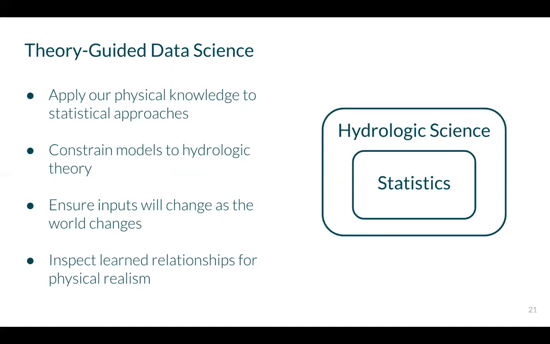It also informs how we construct the actual statistical model and the way that we do the training process as well. A key piece of this is ensuring that the model's inputs will change when the world changes. That's why we use data such as the satellite data that shows us, for example, if, as we are now starting to see in some particular basin, the snow is melting earlier in the year, the satellite data will be able to see that, and our model, if it has that satellite data as input, will be able to react.